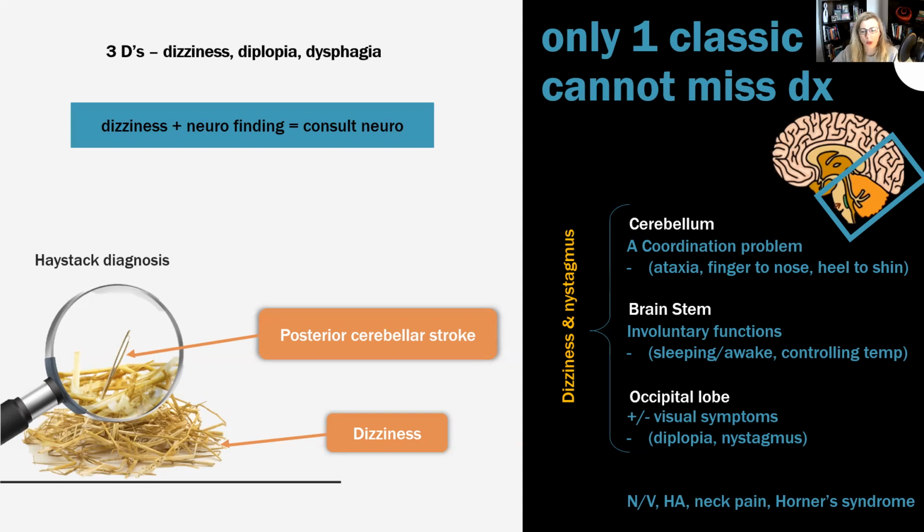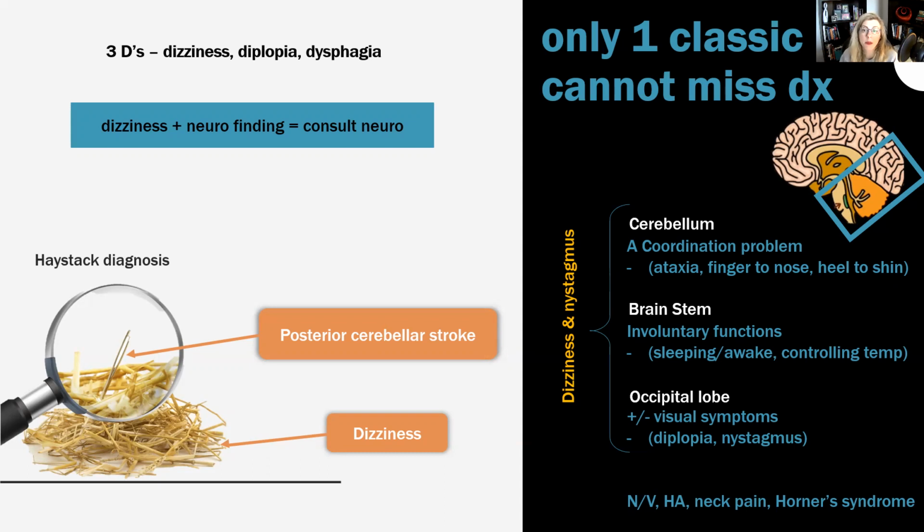So instead, what I want to do is explain to you what the posterior area of the brain is and then go through all of the general symptoms of each area. Remember that usually this stroke is going to be a clot. And where the clot is and which part of the brain it's affecting is going to determine what kind of symptoms you're going to have.